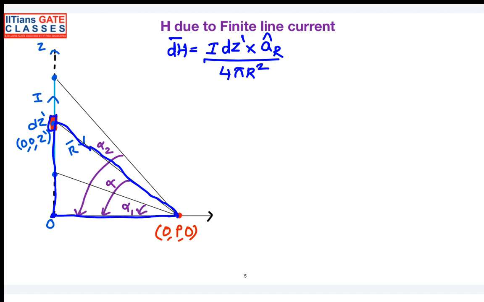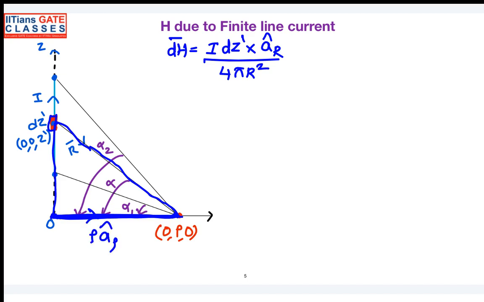So when you are moving from O to P, in which direction are you moving? When I was moving in this particular direction, in which direction does the change happen? Rho, correct. This particular distance is rho, so I can call this vector rho into a_rho cap.